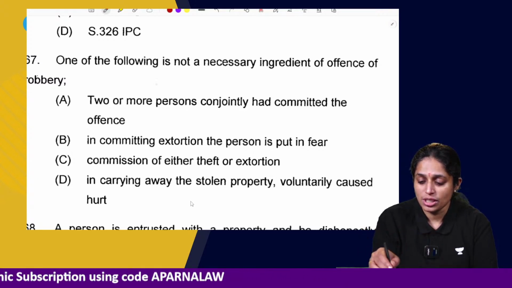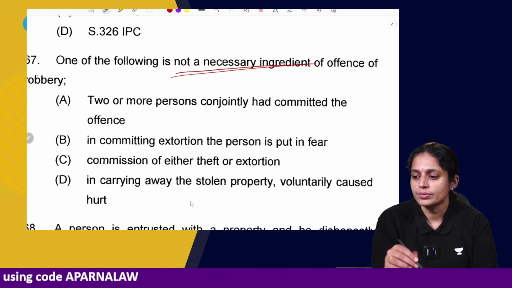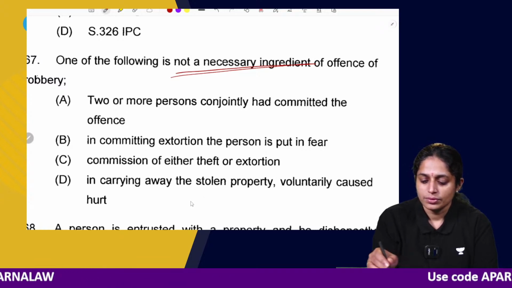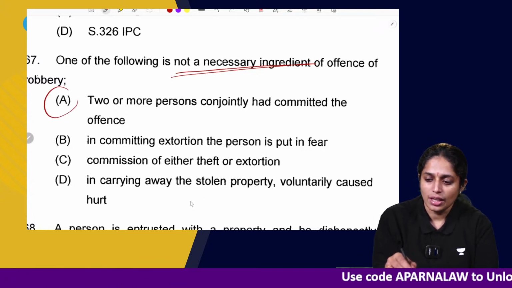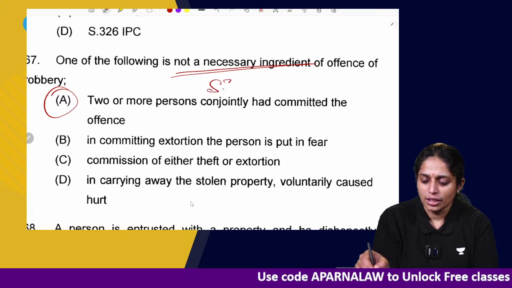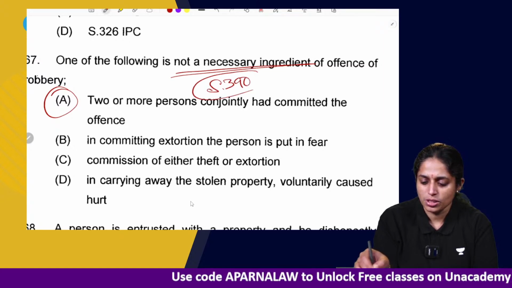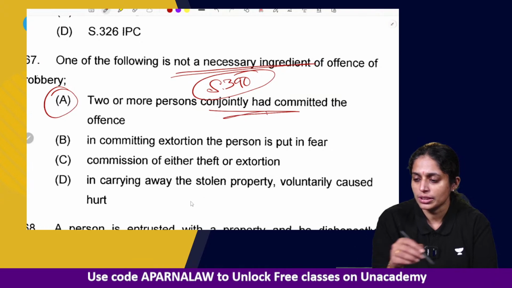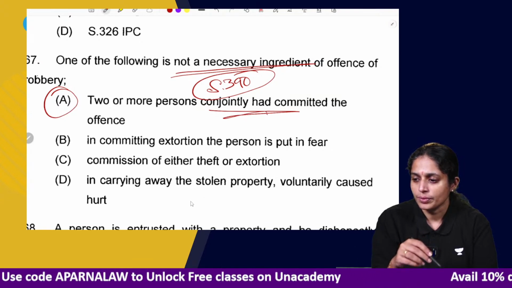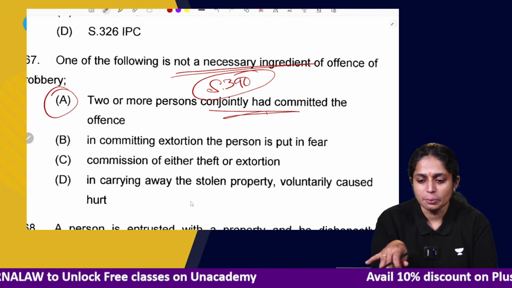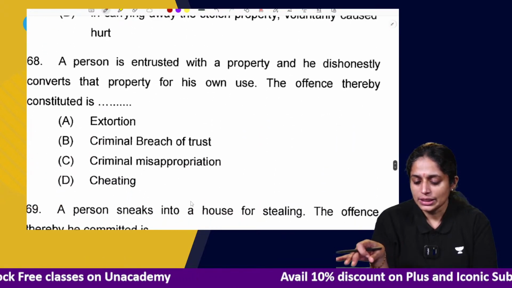Which is not an essential ingredient? It is A, as per section 390. It is not necessary that two or more persons act conjointly. As per 390 IPC.